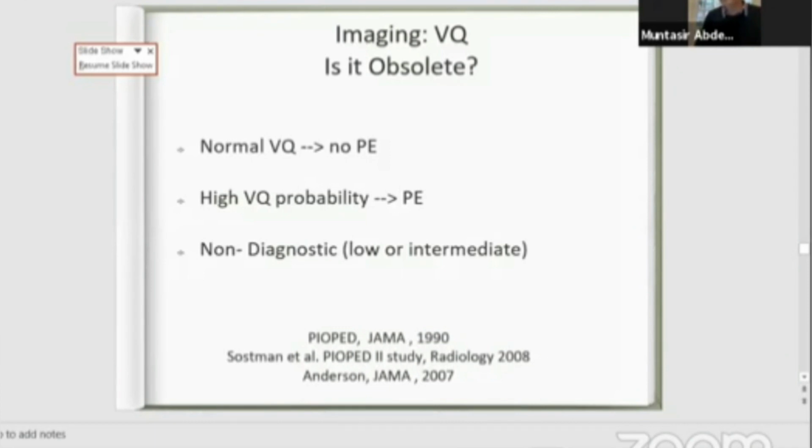And this is actually 70% of the cases. So it is diagnostic only in 30% of the cases. And that's why VQ scan also has its limitations, and that's why we tend to use CTPA more than VQ scan. Plus also CTPA is easier to diagnose PE compared to VQ scan. Can I have the next slide, please?